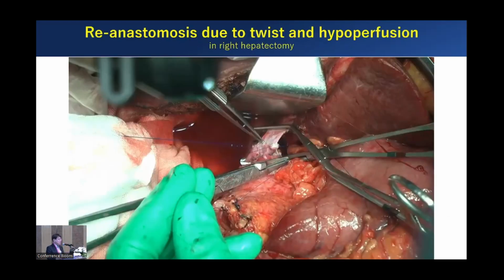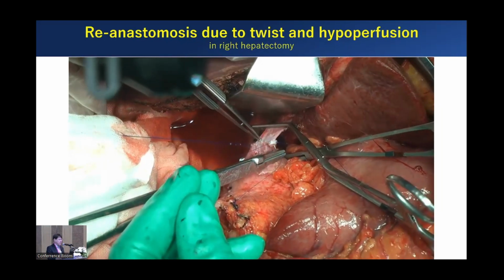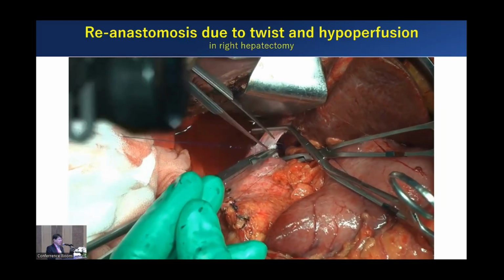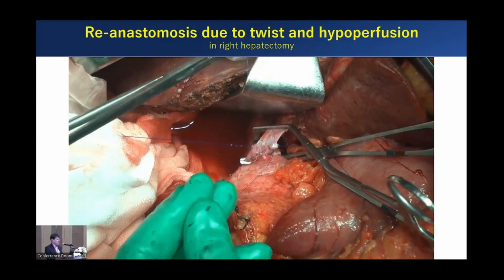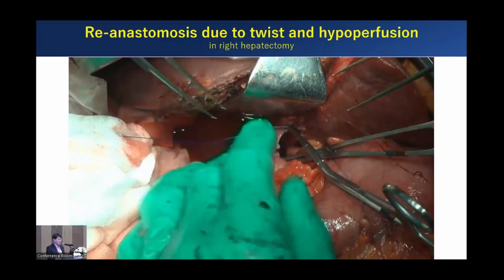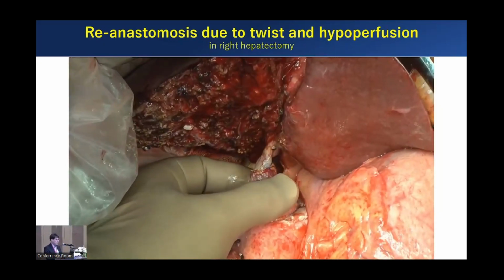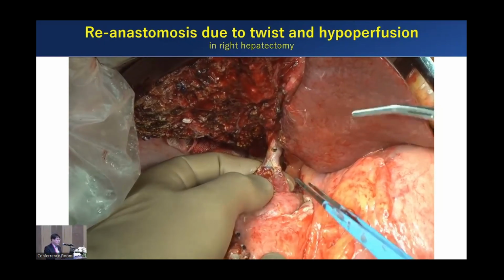This is a typical case of 2 times re-anastomosis due to twist and pipe blockage. This is the first anastomosis finished in right-sided hepatectomy. This is a typical twist image.